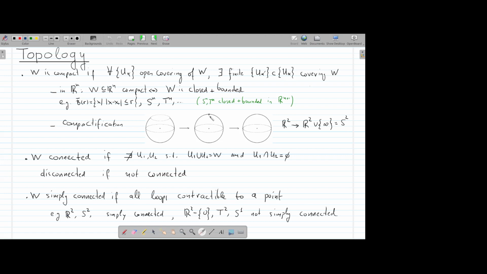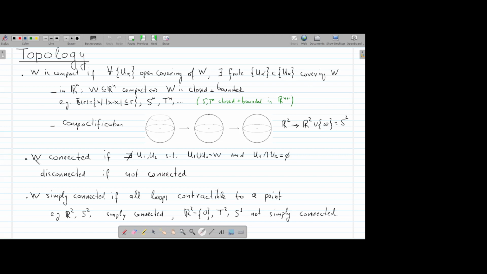So this and this space are topologically equivalent, and they're both non-compact. But if we take this point here and add it to the space, then we obtain a sphere, and the sphere is compact. So by taking R2, the plane, or here a sphere with the cap missing, and adding one point, let's call it infinity, we obtain S2.